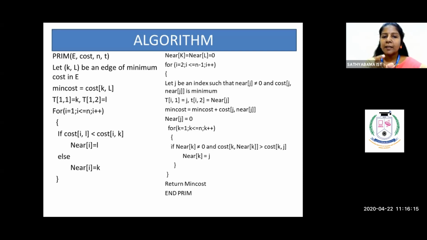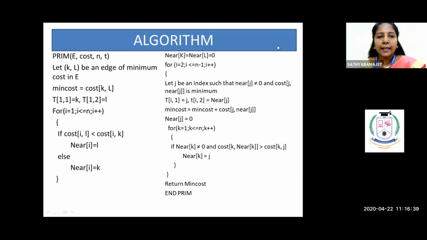Initially, we choose the minimum edge from the given graph. In our example, the minimum edge cost is 10. So the edge is K, L. The cost is added to min cost, a variable that gives the minimum cost of the spanning tree. So the cost of K, L is moved to min cost.